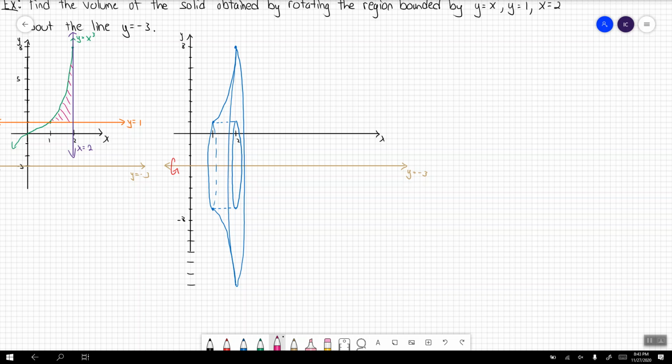So let's take a random sample point. So if we take a sample point, let's say here, we're going to then generate a circular cross section that has 2 different circles embedded in it. All right, it's hard to see there, and that's why I always extract those cross-sectional areas.